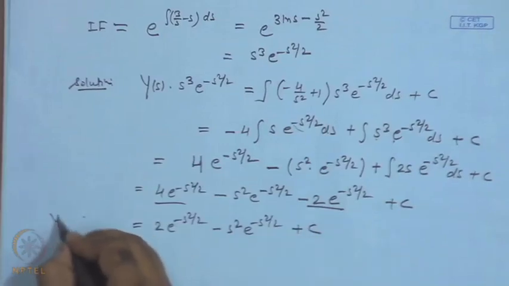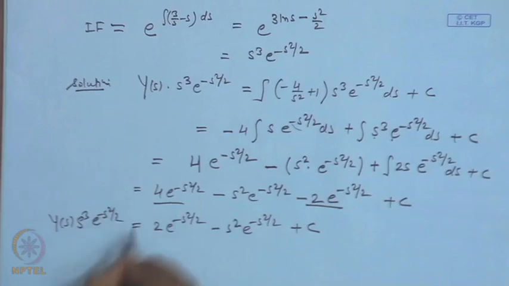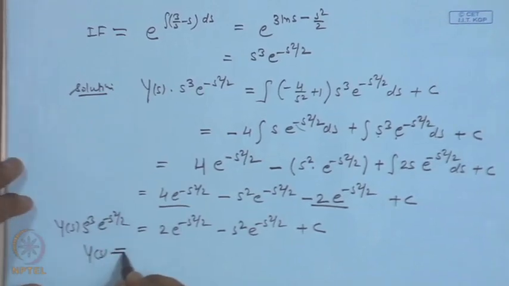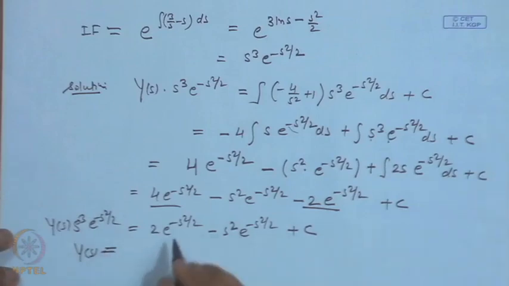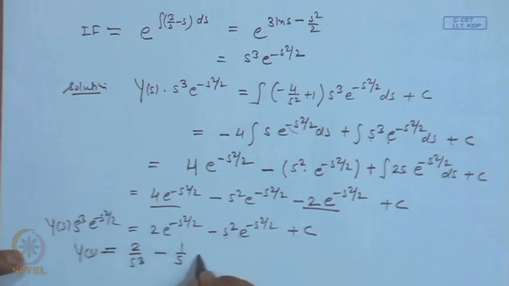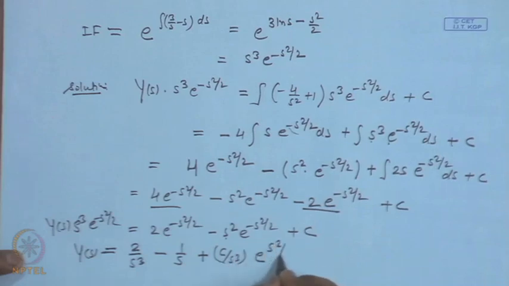So, this is with s cube Y(s) and e to the minus s square by 2. So, we get from here Y(s) is equal to 2 over s cube minus 1 over s plus this c over s cube and e to the s square by 2.